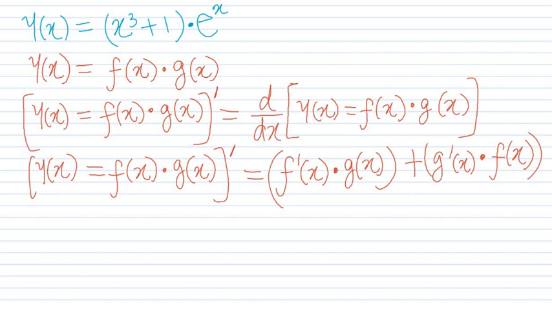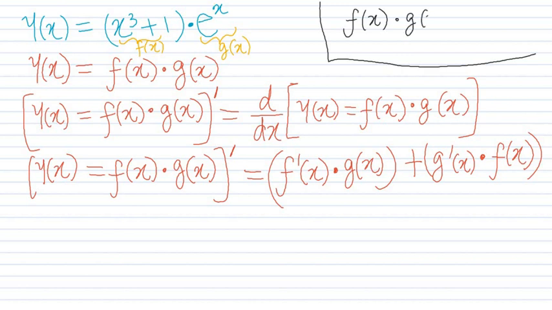And in this particular case, we can just pick sub-functions. So we have x cubed plus 1, we can call that f of x, and then e to the x, we can call that g of x. And one thing I need you guys to know is that because you're dealing with multiplication, just because I'm calling something f of x multiplied by g of x, it's also possible for you to have it as g of x multiplied by f of x.